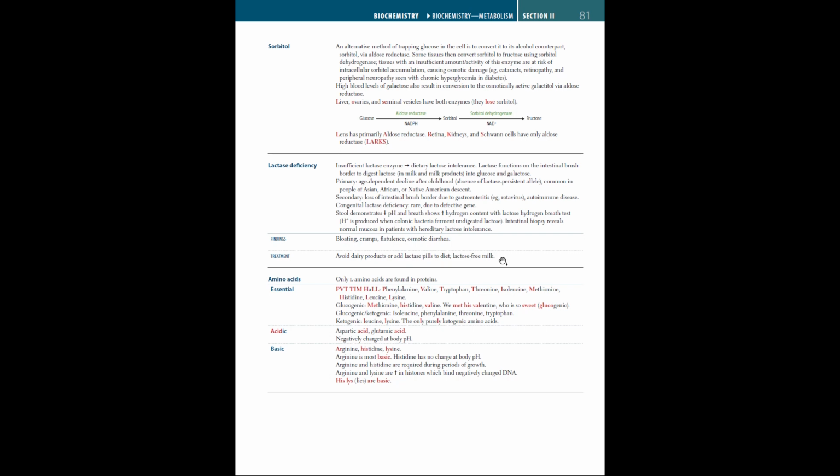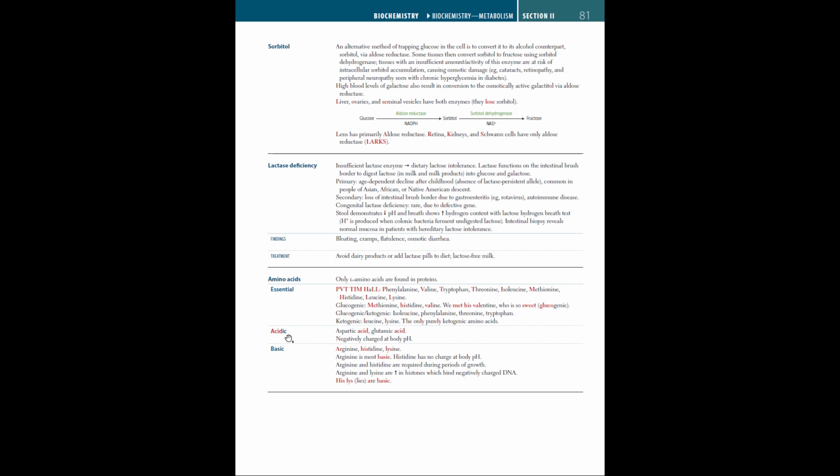Okay, next we're going to talk about the amino acids, the essential, the acidic, and the basic. Now, keep in mind that only L amino acids are found in proteins. To remember all the essential amino acids, keep in mind the mnemonic PVT TIM HALL. So PVT, Private Tim Hall.